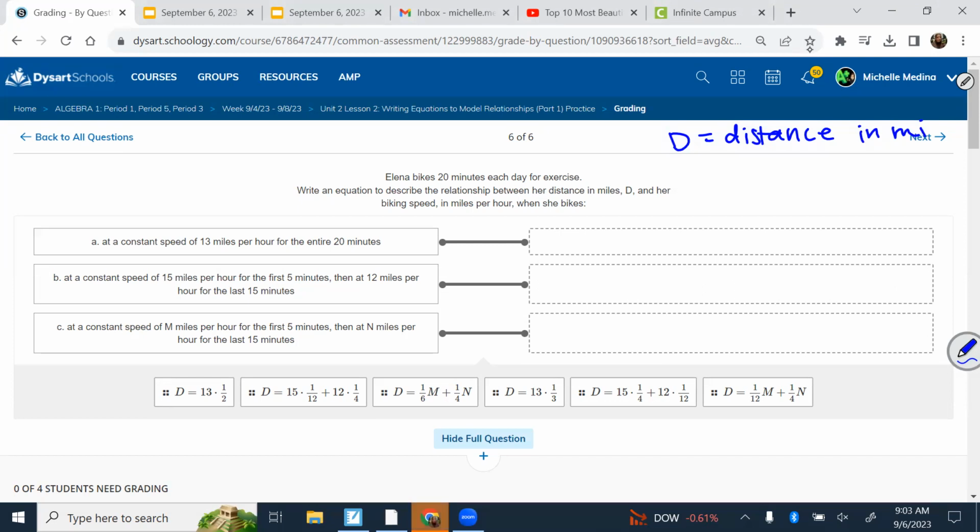But at a constant speed of 13 miles per hour for the entire 20 minutes, look at all the ones that have maybe a 13 in them as a good starting place.